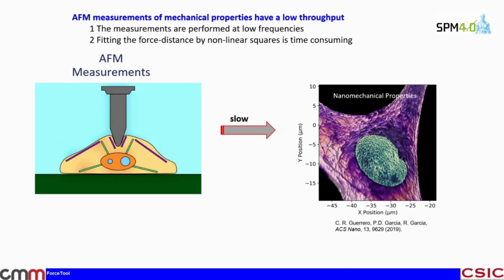Because, for example, if I generate this nanomechanical map of this fibroblast, it took the people that work with me 8 hours to put this map in terms of mechanical properties by using the standard process, which is nonlinear least square fitting.